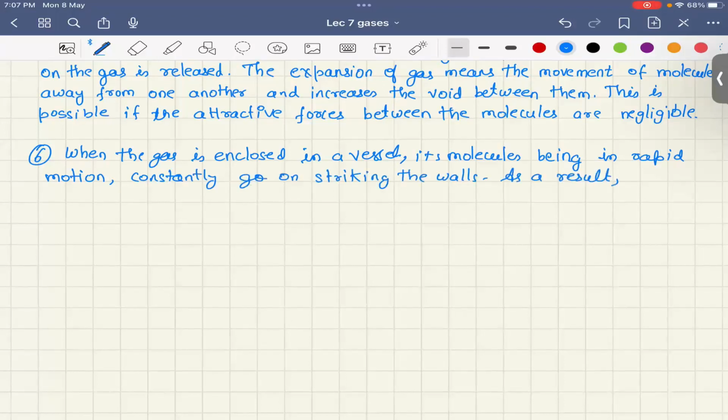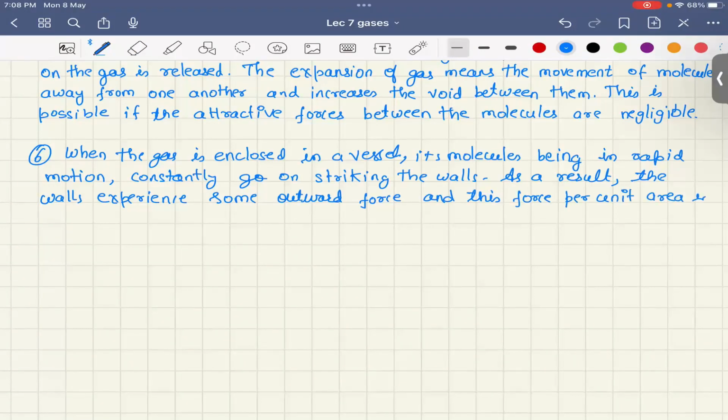As a result, the walls experience some outward force, and this force per unit area is termed as gas pressure.